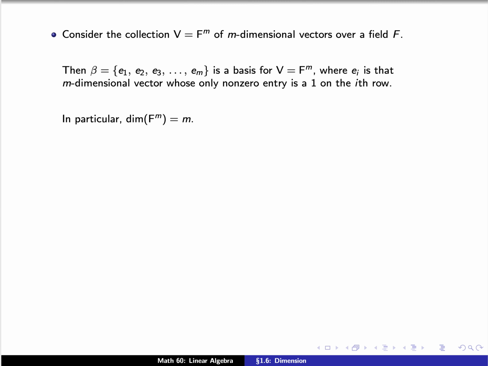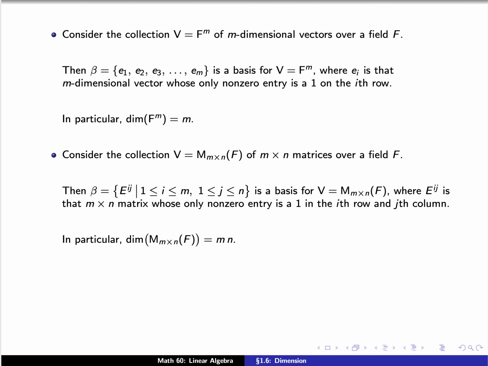We've already seen an example of a standard basis for F^m, and our standard basis here, beta, has exactly m elements. So in particular, an m-dimensional vector space, this F^m, has dimension m, as the name suggests. This explains why we're using this notation F superscript m. The m really does suggest that we have dimension m.